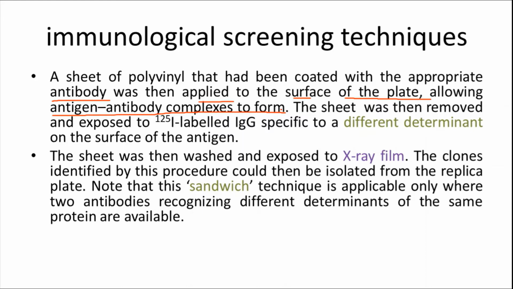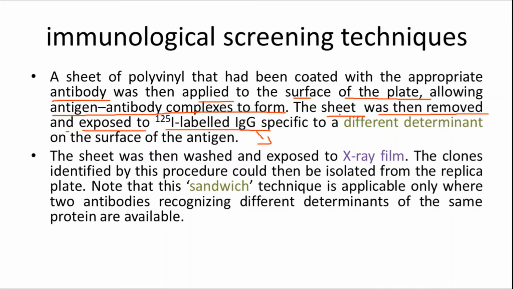Then we remove the sheet, remove the other contaminants, and expose it to the secondary, labeled antibody. This labeled antibody binds to the primary antibody, since the antigen for this antibody is the primary antibody.